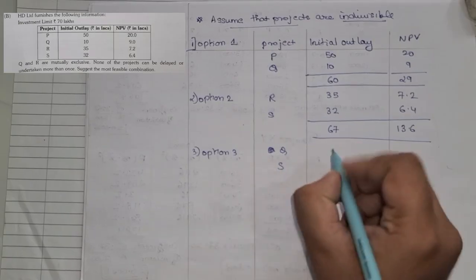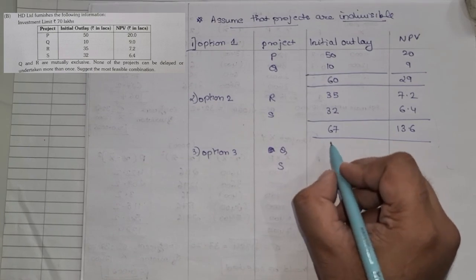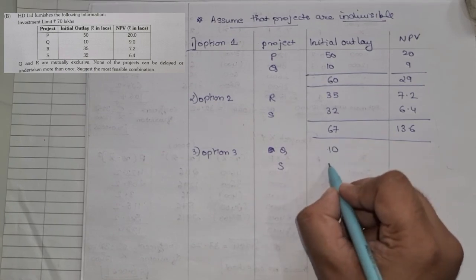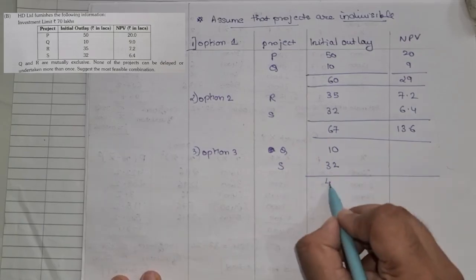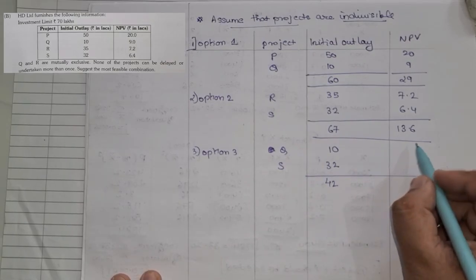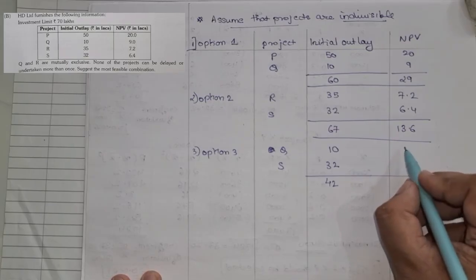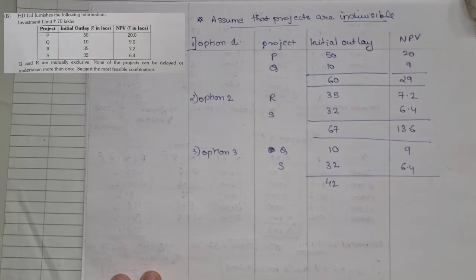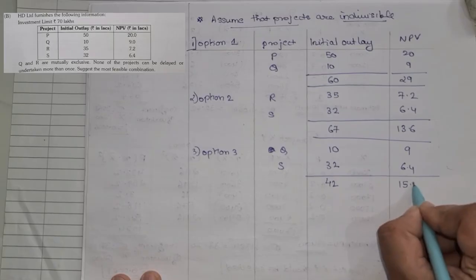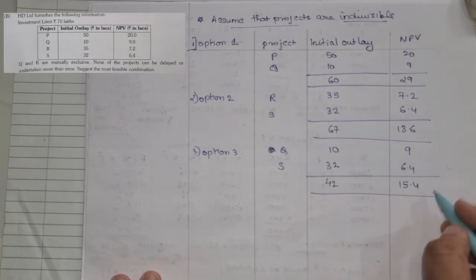Q is 10, S is 32, the total of which is only 42. And the NPV is 9 and 6.4, so 9 plus 6.4 is 15.4. These are the only three options which we can find feasible.